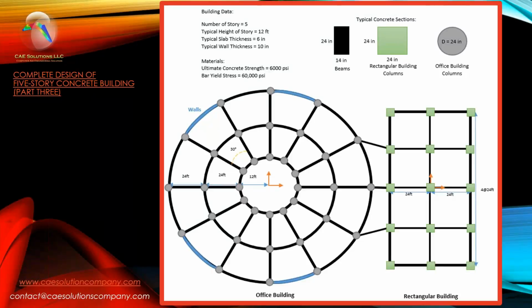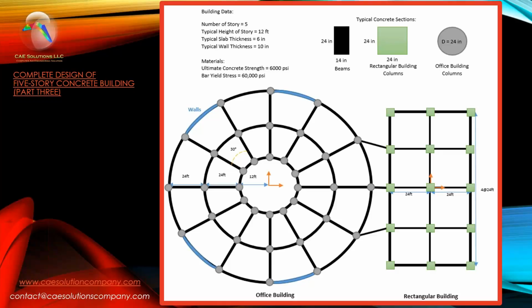The model that we are going to analyze and design the reinforcement steel is presented here in the plan view. You have the circular portion of a building with the circular segments in light blue representing the walls. Then the apple green represents rectangular columns.